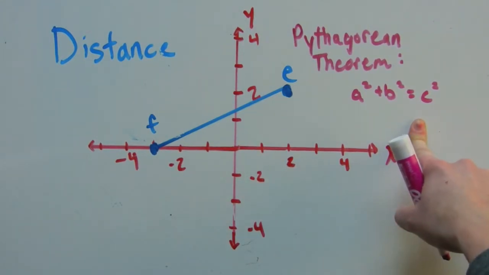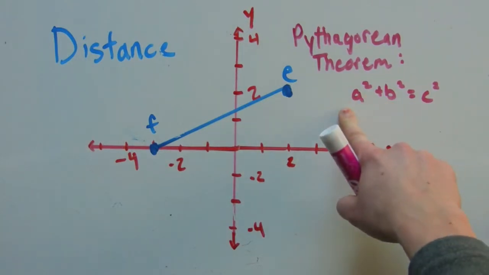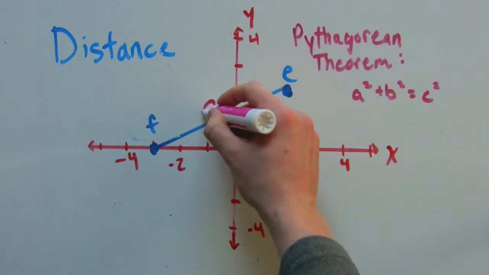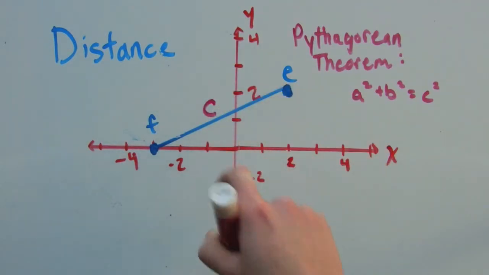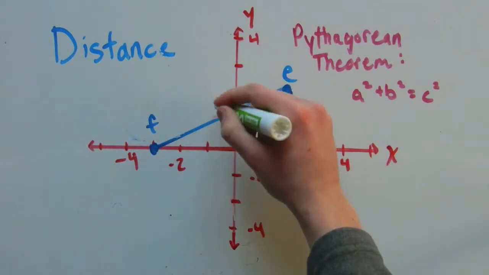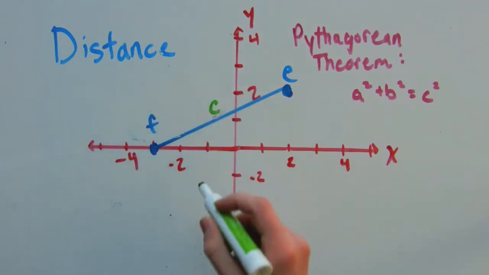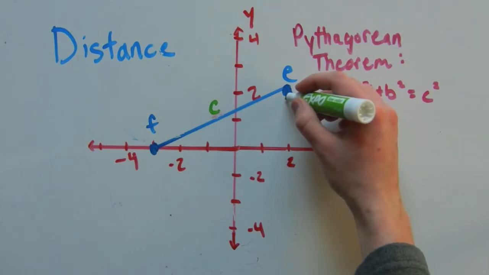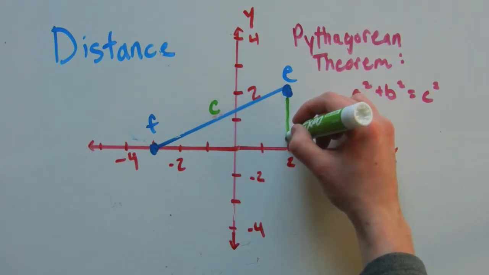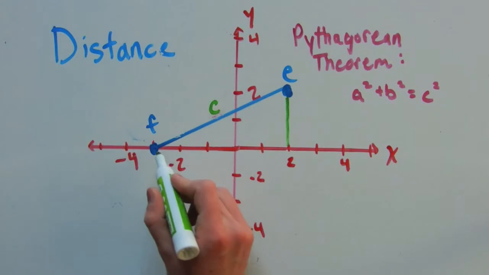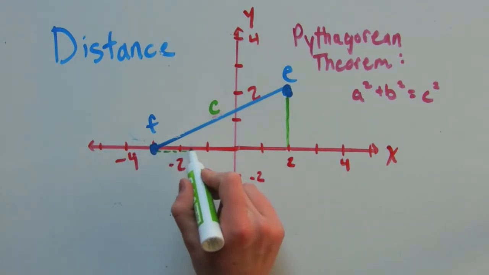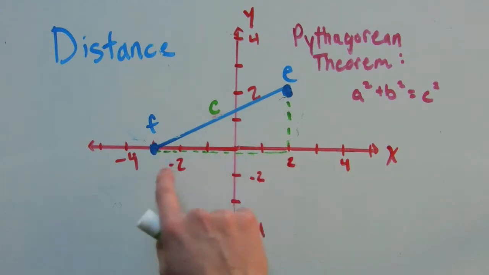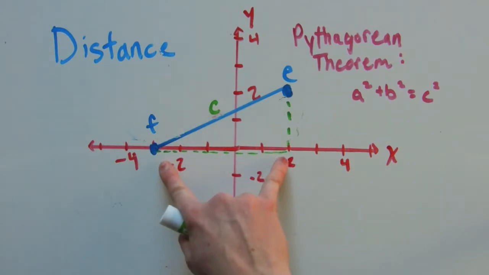So let's go ahead and create sides a and b using F to E as our hypotenuse c. So this is our hypotenuse C. Now we just create the triangle. So we need to go down until we reach F in the vertical, and we need to go across until we reach F and E in the horizontal.